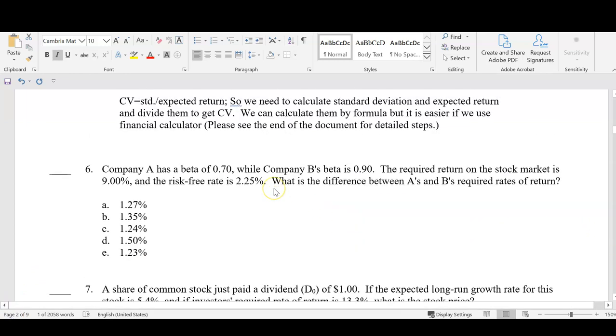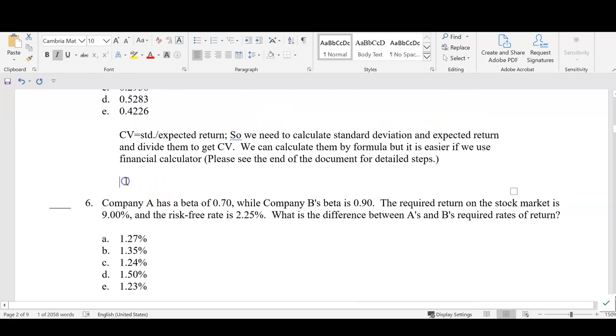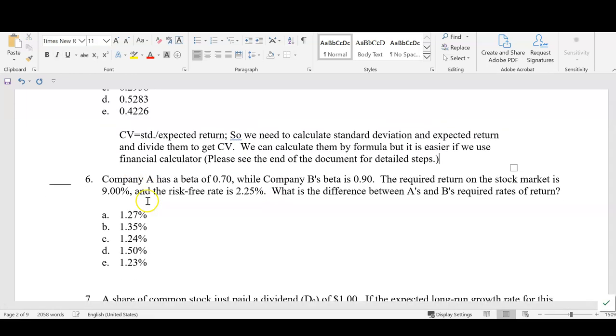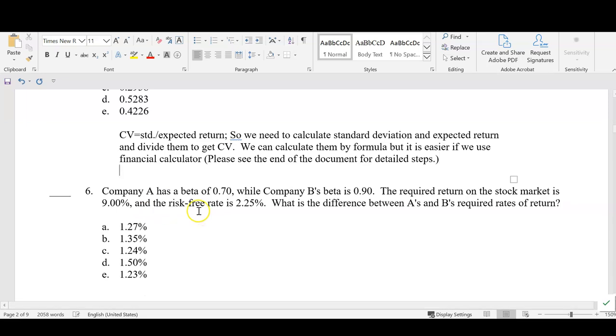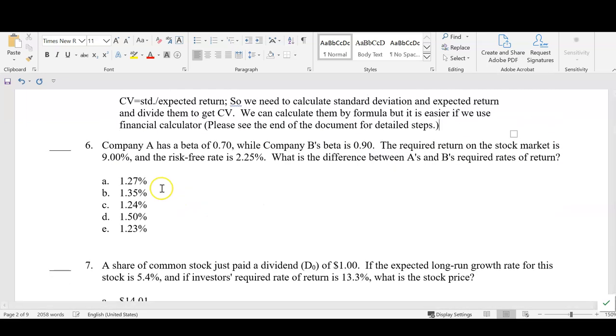Now let's continue with question 6. We have company A has a beta of 0.7, while company B's beta is 0.9. The required rate of return on the stock market is 9%.